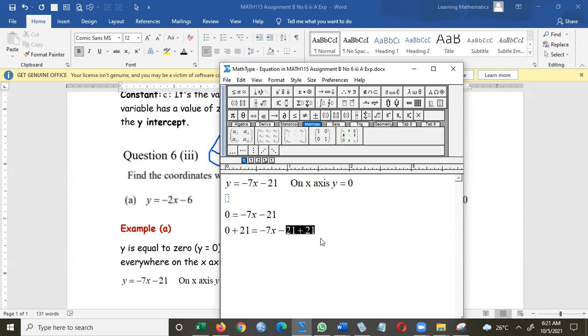Negative 21 plus 21, the 21 cancels out. So we are left with 0 plus 21 is 21. 21 is equal to negative 7x. And now we have to divide by negative 7 to cancel out negative 7 from the right side.